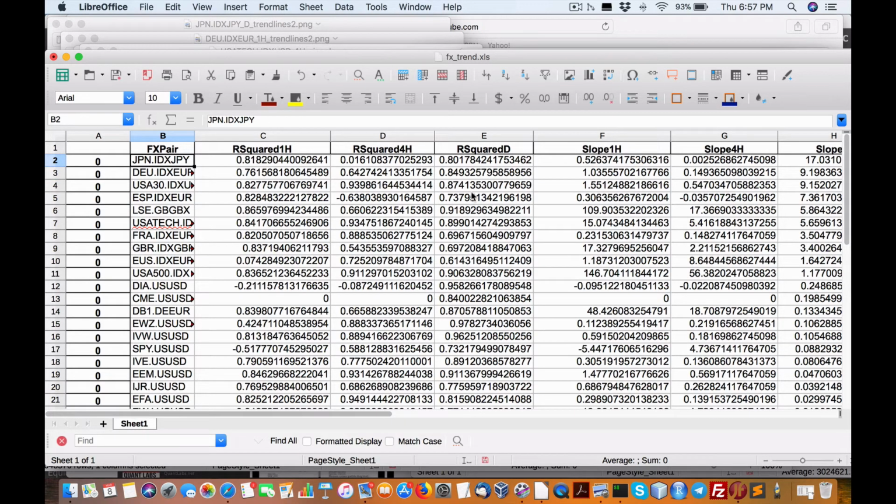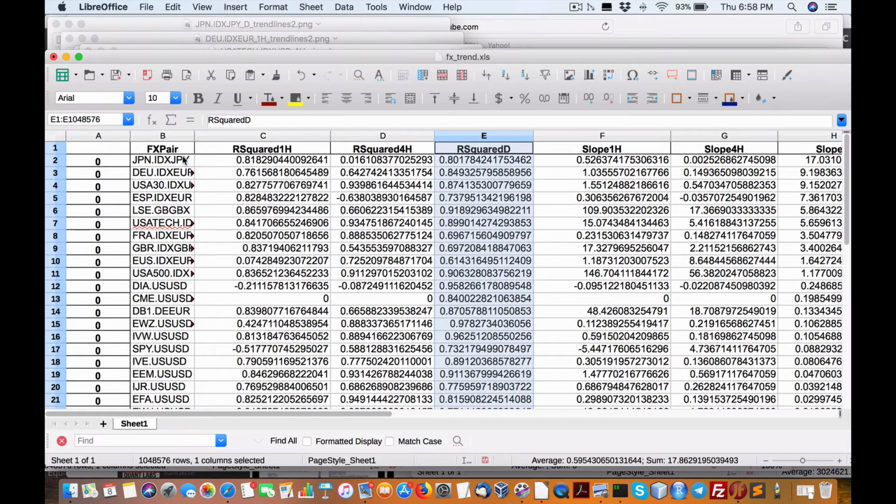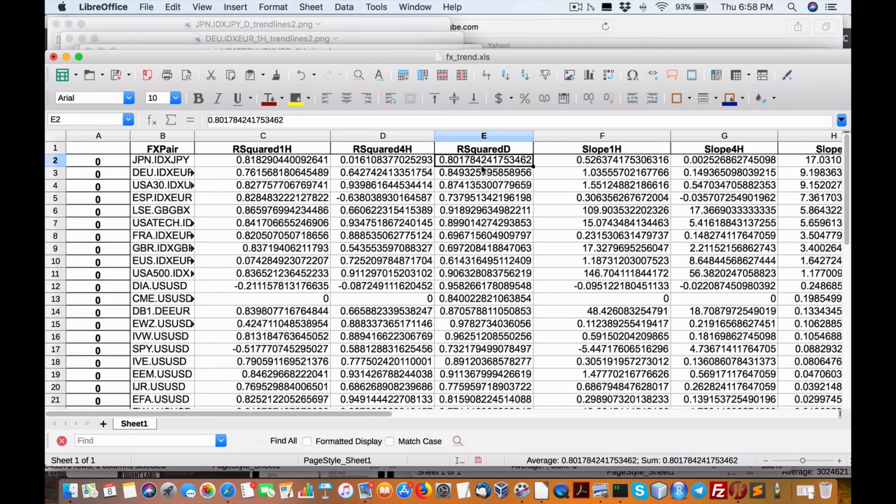But coming back to the R squared here, so we have the slope and then the R squared on the Japanese yen, or sorry, the Japanese index. You can see out of 1 that it's a very strong R squared of momentum or strength for the daily. So that's quite strong for the daily on that. Also, same thing can be said for the Deutsche.